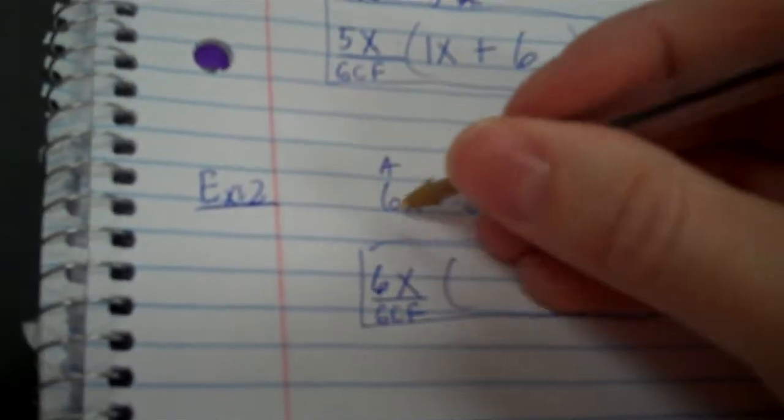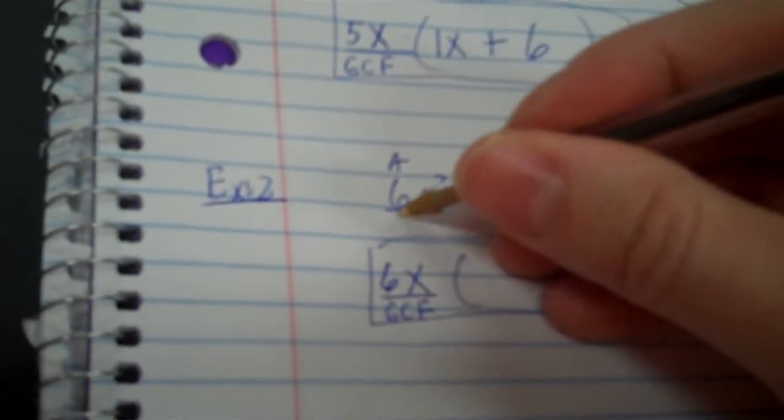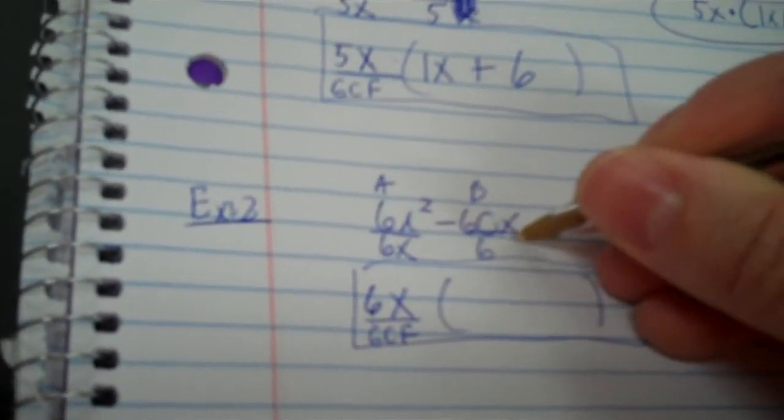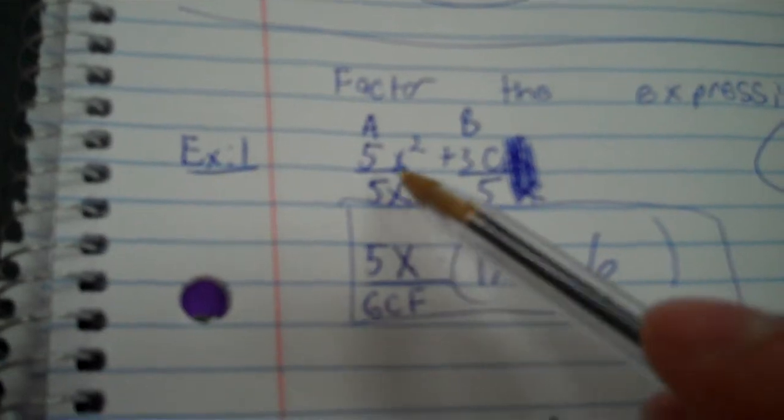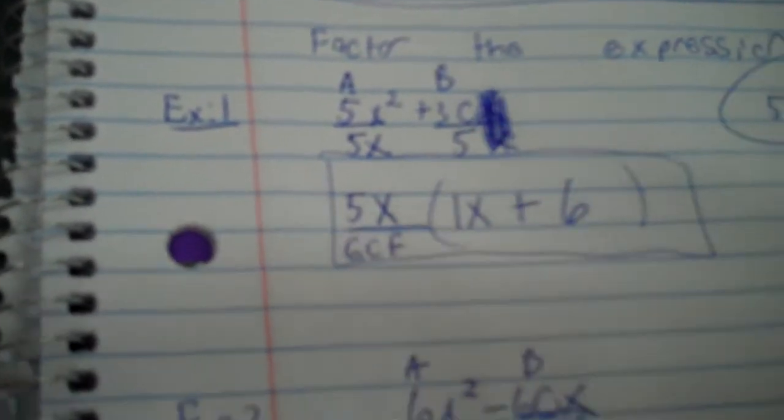Okay, we also have x attached to both. We take the final x, okay? And then I go up and divide by 6x, because whatever the GCF is, that's what I divide by, okay? Whatever I put here, I go up and divide that. See, I put 5x here, so I went up and divided both by 5x.